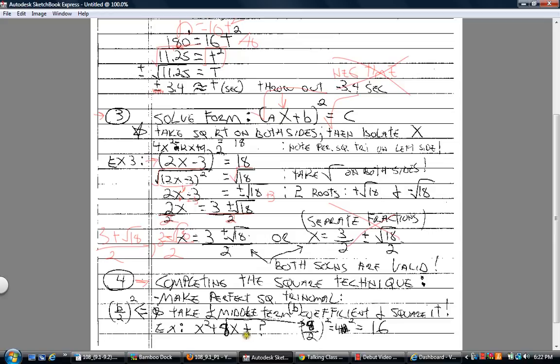The shortcut is to take the middle term coefficient, 8, cut it in half, and square it. 8 divided by 2 is 4. 4 squared equals 16. So instead of a question mark, we put a 16. X squared plus 8x plus 16 would complete the square.